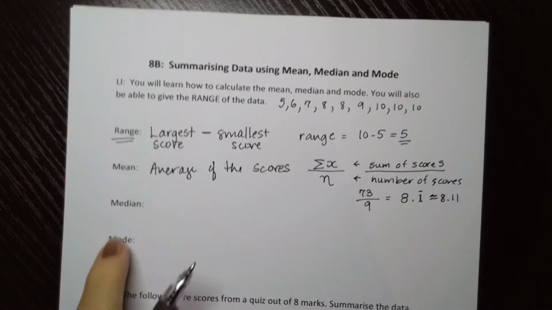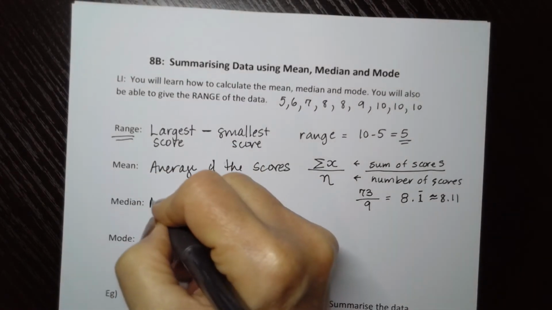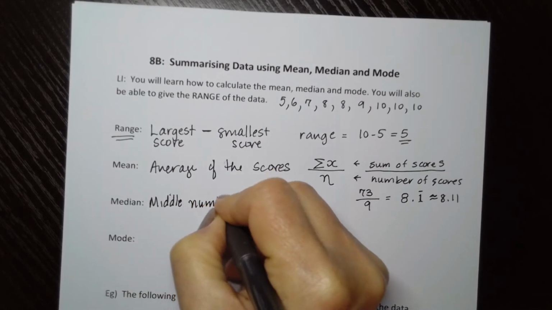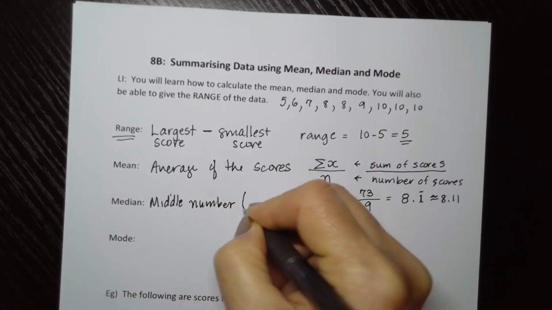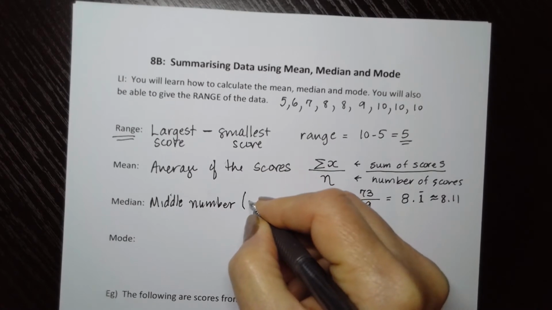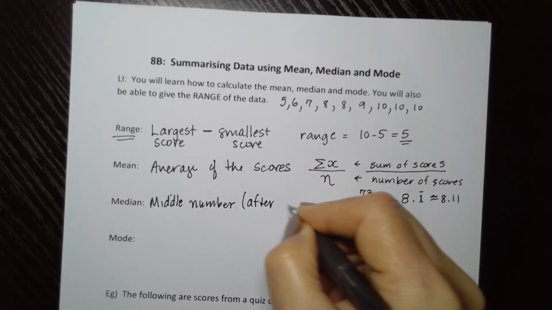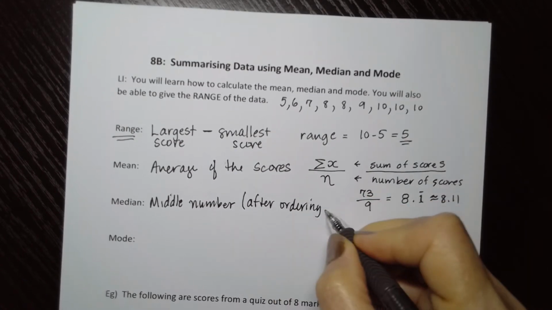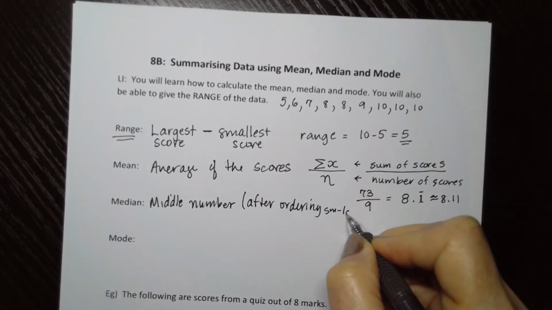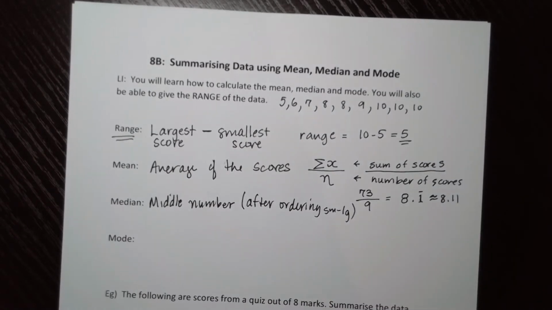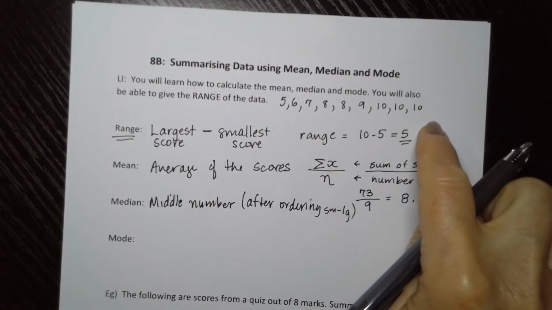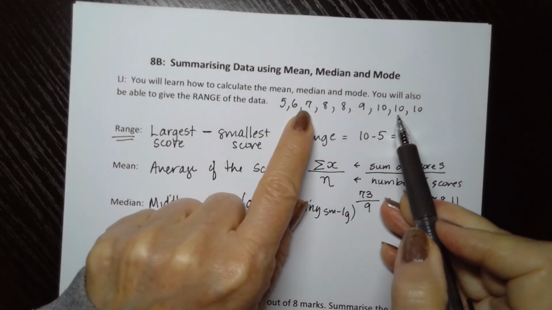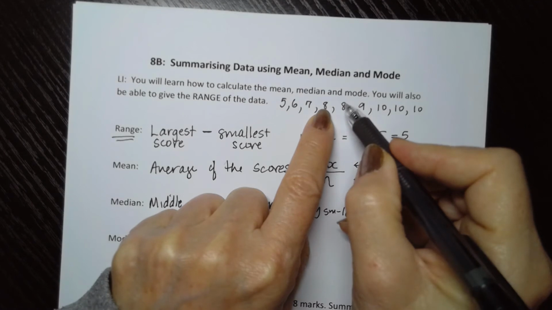The median is the middle number in the scores when they're in order from smallest to largest. Okay, so mine are already ordered smallest to largest, and so I can see that 8 is in the middle.